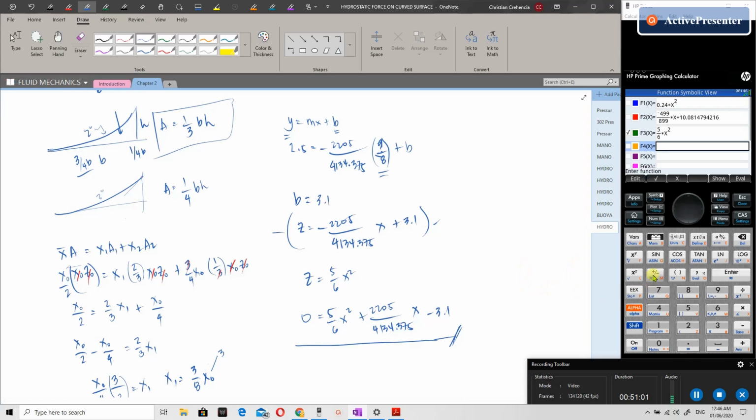So, that is negative 2205 over 4134.375. Okay? Then x plus 3.1.